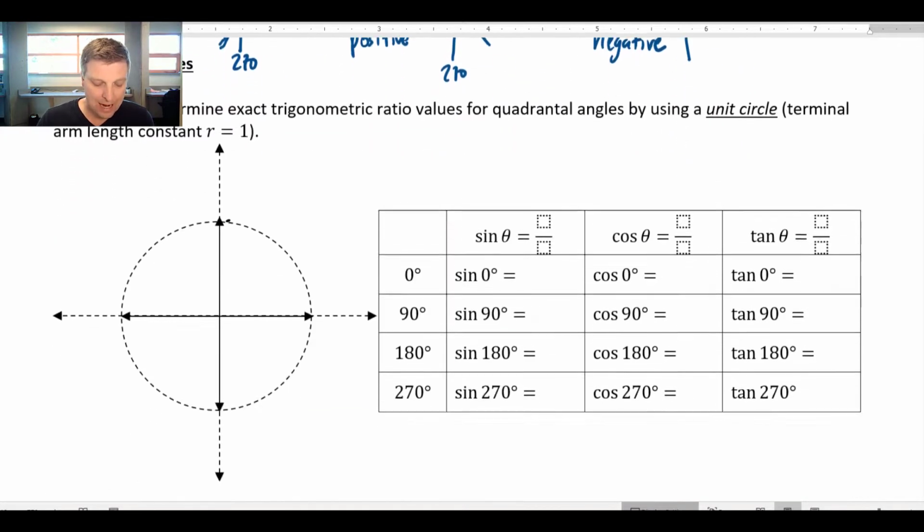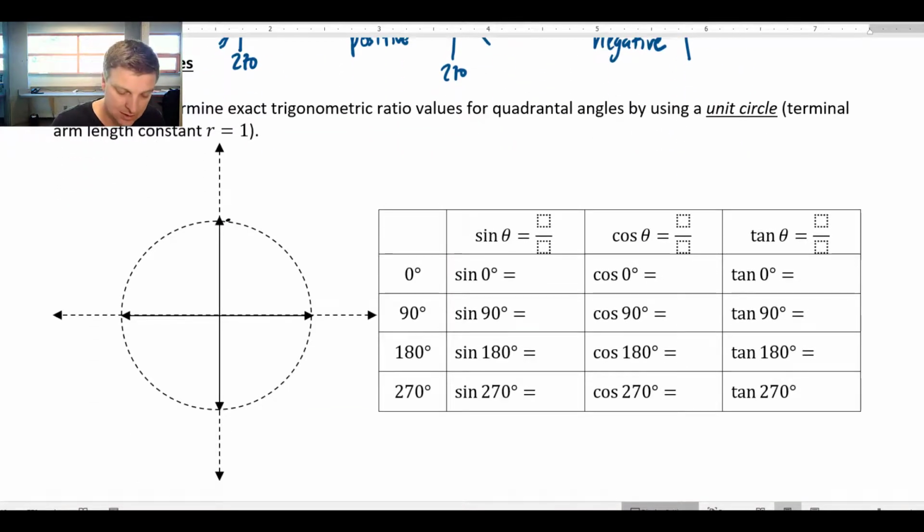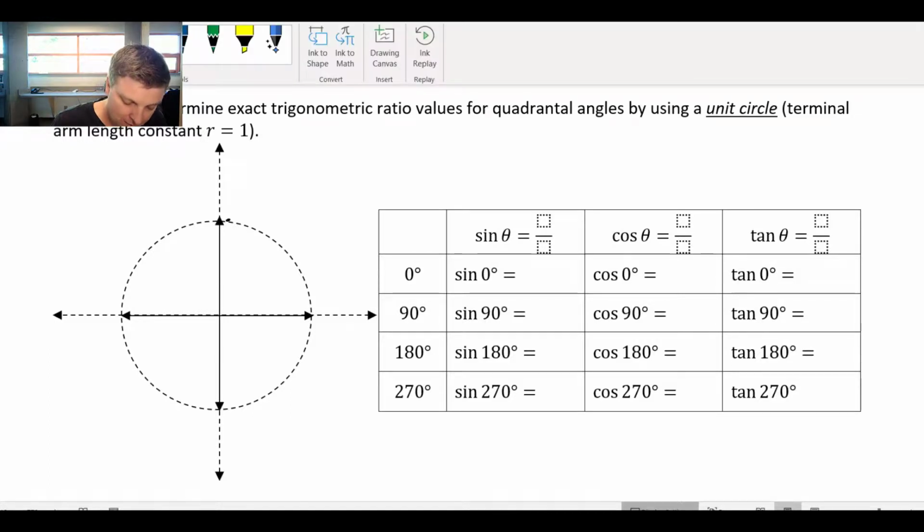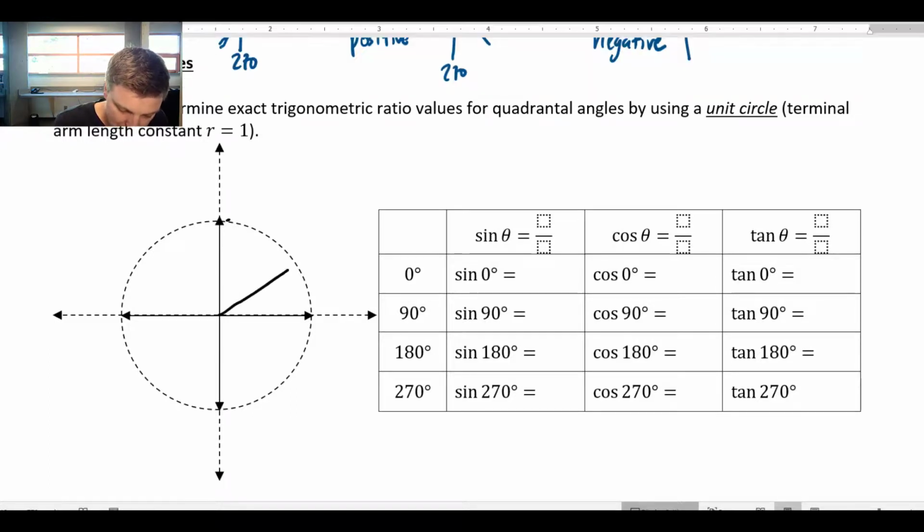And so I'm going to go back to this unit circle idea, and let's think about this again. We said that for any given angle, the coordinates x and y, my x-coordinate is like this side of the triangle, my y-coordinate is this side of the triangle.